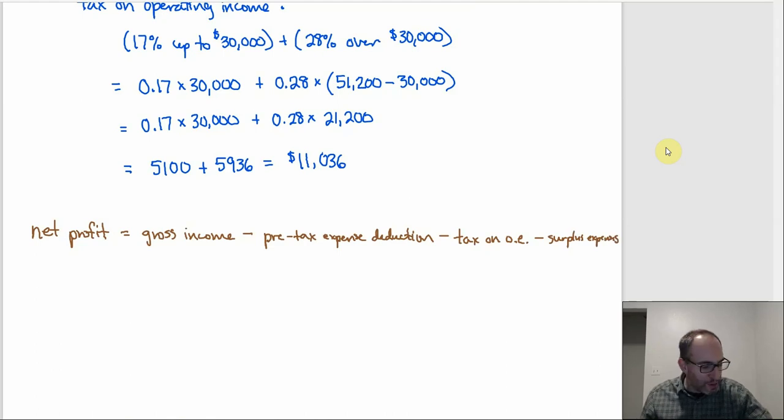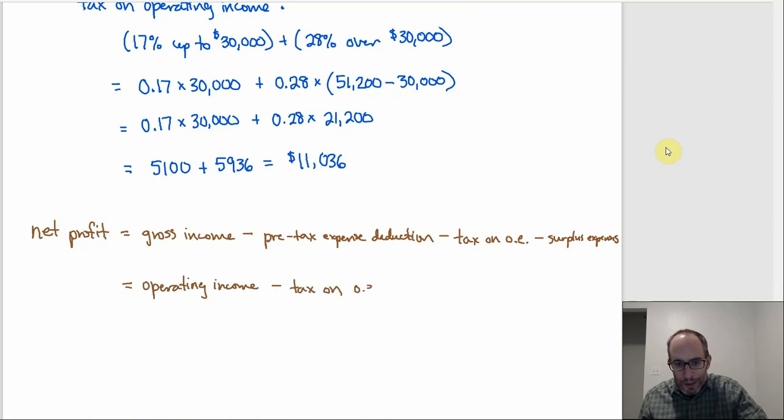All right, so we could also say that the gross income minus the pre-tax deduction, that's the operating income, which we already figured out. So operating income minus the tax on the operating income and then minus the surplus expenses.